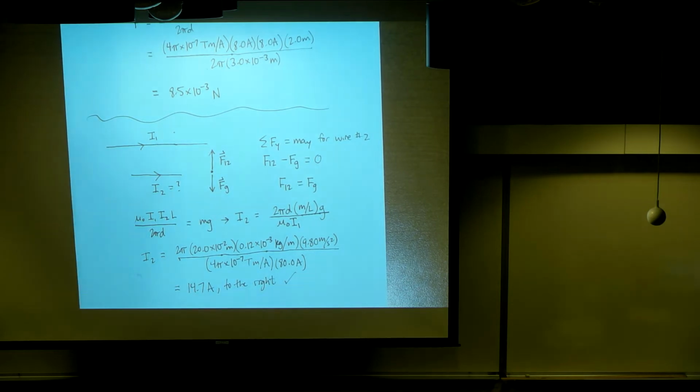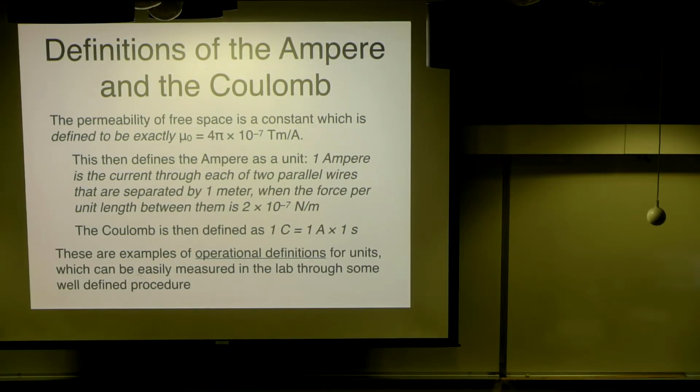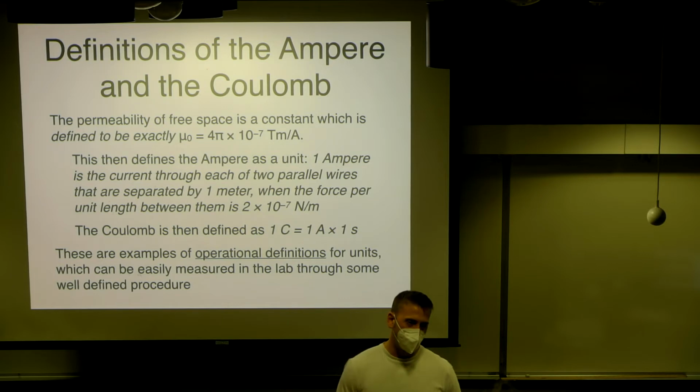Okay. So before that, just a quick historical note about how we define some of our common units: the ampere for current and the coulomb for charge. The way we define units is actually constantly shifting. We always come up with more and more accurate ways to do these sorts of things. The current standard is this.